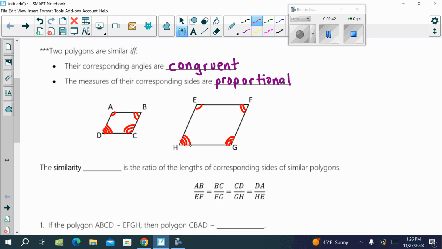All right, so not only do all their angles have to be congruent, their sides have to be proportional. So do we remember how we write a proportion from a couple weeks ago? We did ratios and proportions before we went on break. What would be a proportion if I asked you?